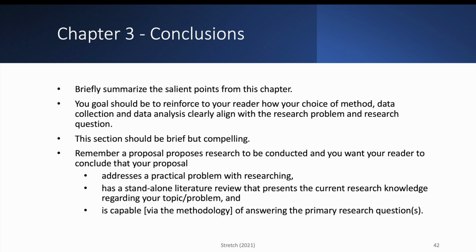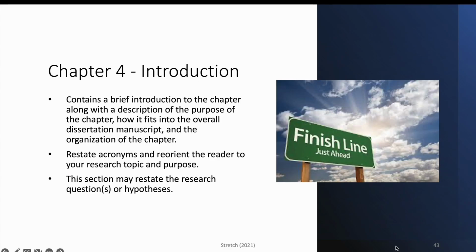While you're waiting for data to come in, waiting for IRB approval, you'll want to go back through your chapter 1, 2, and 3, and anything that was in the future tense, you'll convert to the past tense. So instead of the purpose of this study will be, you would say the purpose of this study was, or the purpose of the study was to examine, right? So it's past tense. So that is the first 3 chapters of your dissertation and how they are different between proposal and dissertation.